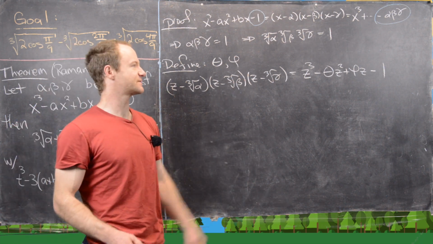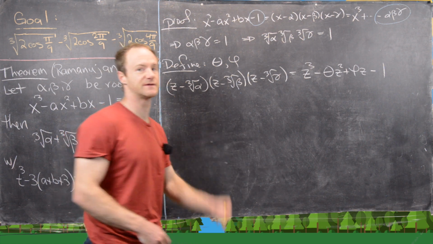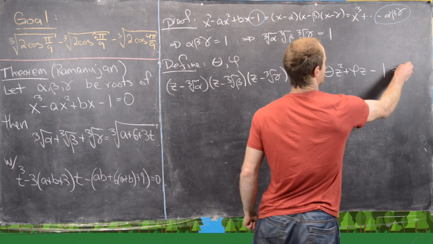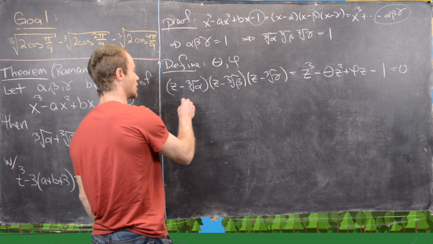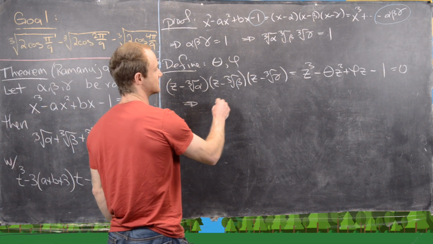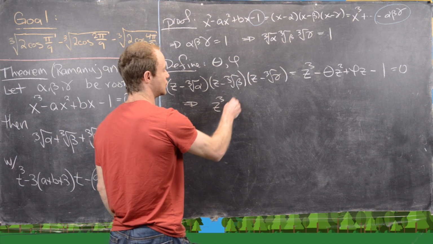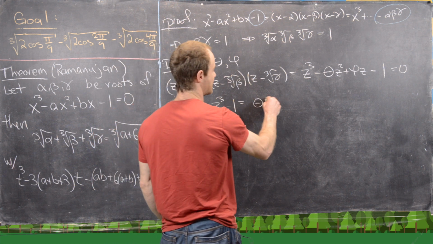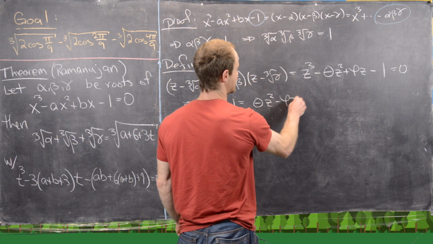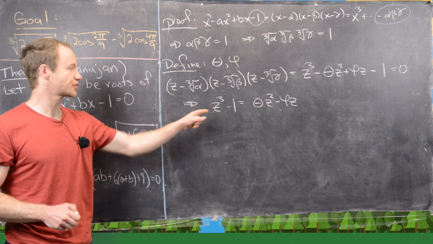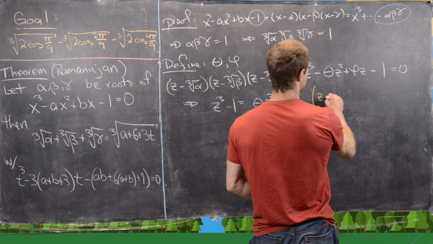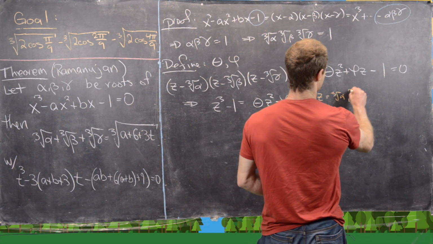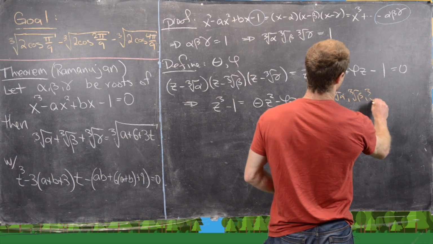But then taking this polynomial and finding the roots of this polynomial, in other words, setting it equal to 0 and then finding a solution to this, is equivalent to finding a solution to the following equation: z cubed minus 1 equals theta z squared minus phi z. And then just to reiterate, the solutions to this equation are z equals cube root of alpha, cube root of beta, and cube root of gamma.